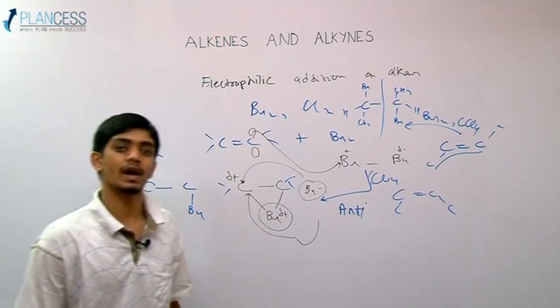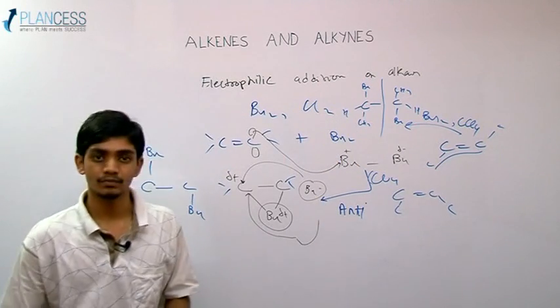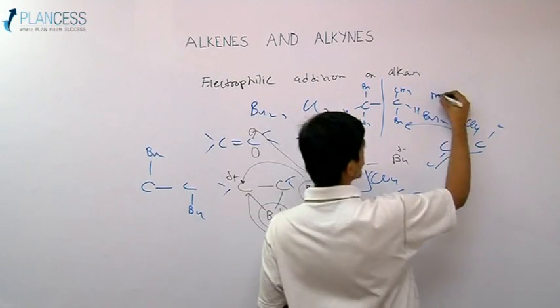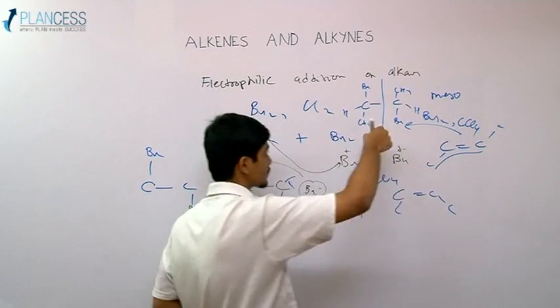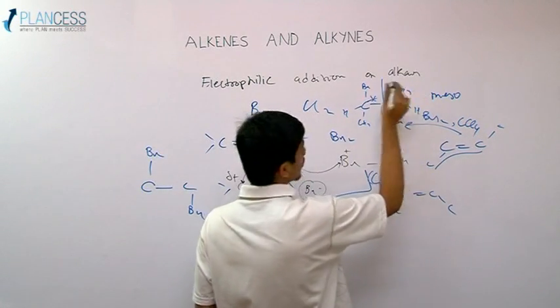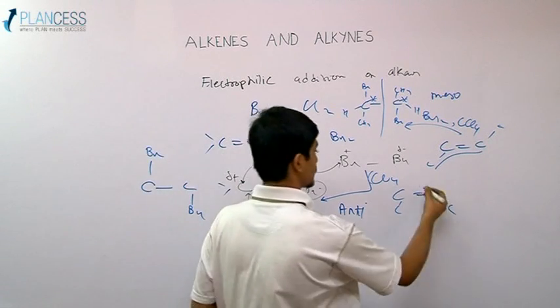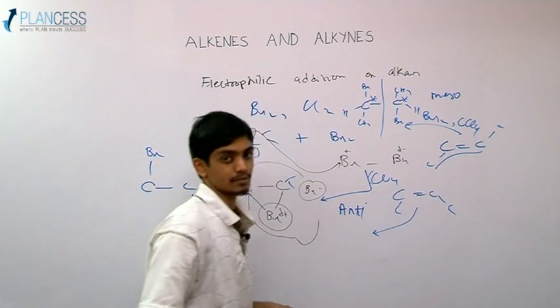Hence you will get a meso compound, because it has a plane of symmetry, although both carbons are chiral.